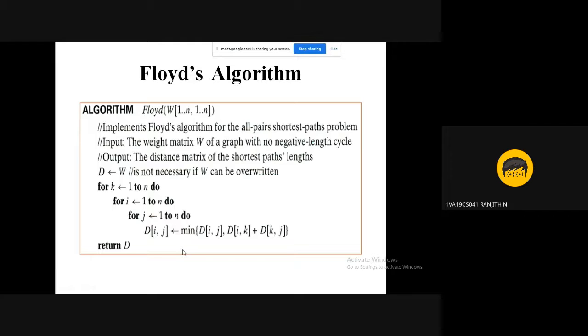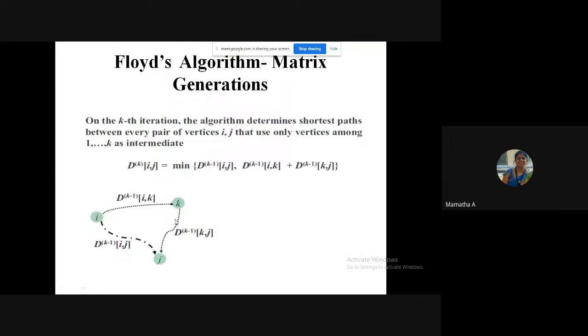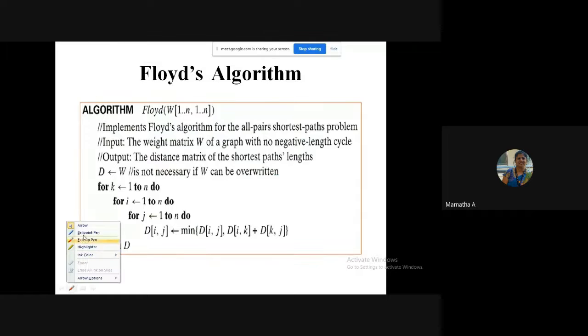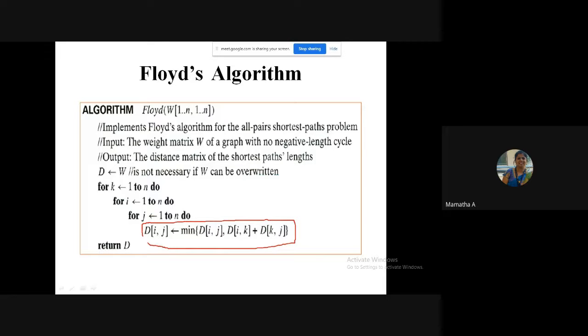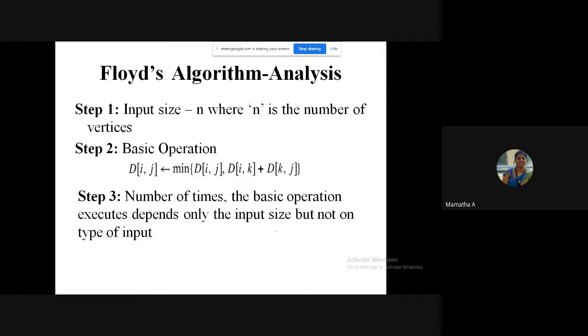D of Ij is minimum of D of Ij, comma, D of Ik plus D of Kj. Yes. So this statement acts as the basic operation. The same thing again. The input size is the number of vertices. The basic operation is D of Ij equals minimum of D of Ij, comma, D of Ik plus D of Kj.